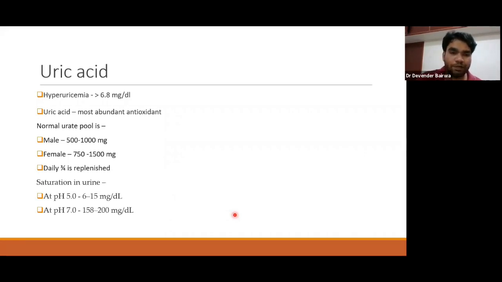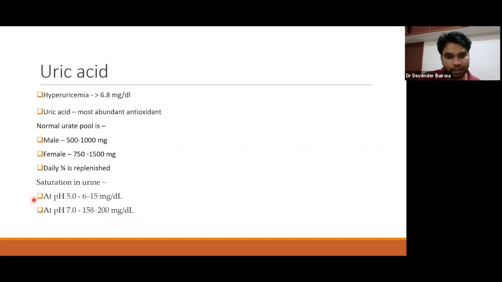But if you increase urine pH by alkalizing it, suppose you give bicarbonate therapy or acetazolamide, and pH is increased to 7, then the level at which uric acid, or let's say monosodium urate, will crystallize is a level of 158 to 200 milligram per deciliter.